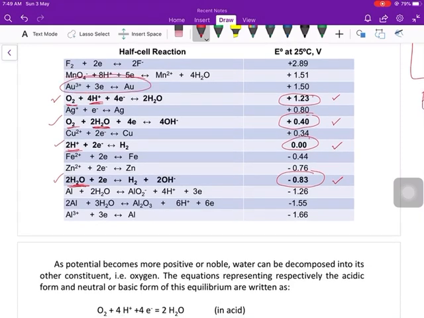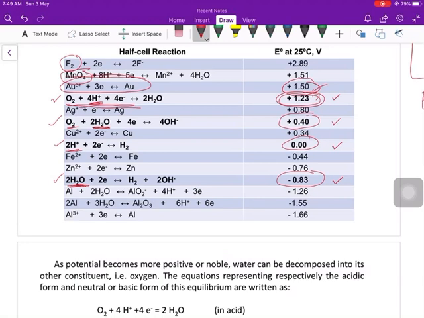Look at this. Before that, you look back at the standard reduction potential. So this is gold. The value is higher, 1.50, than water with oxygen. That's why it cannot corrode in water, in acidic with oxygen, or in normal water.